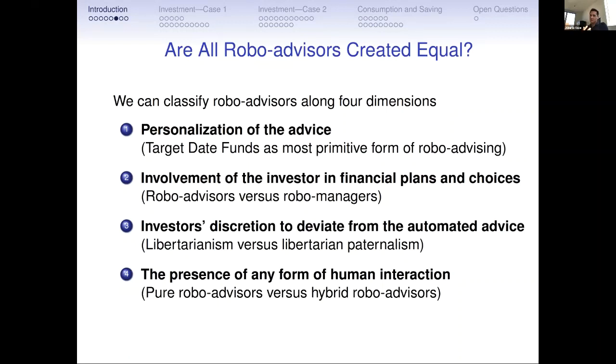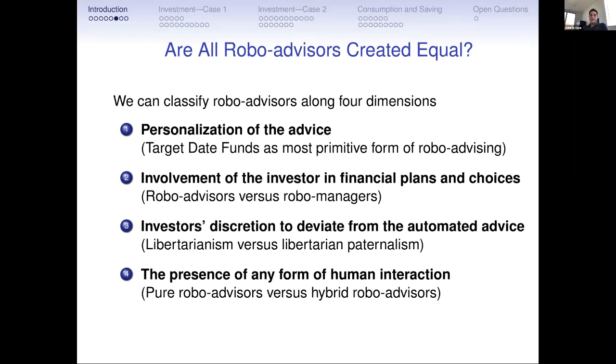Target date funds are simply funds that adjust the portfolio allocation for the individual as the individual ages. But the crucial thing about it is that it doesn't matter what your characteristics are, what your risk aversion is. What really matters is only your age. So you can really think of target date funds as a very primitive form of robo-advising where the financial advice is based only on your age.